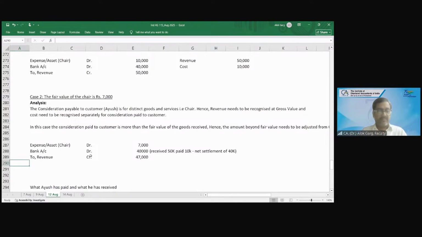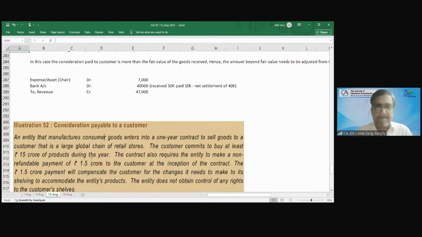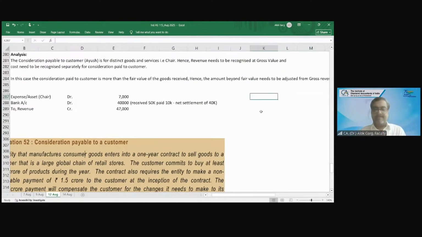Sir, in the given entry, can't we account for the 3,000 separately also? Sir, accounting for the 3,000 discount as well here. In 47,000 plus 3,000, 50,000. Okay, so let me put an alternate accounting entry. Bank account debit.